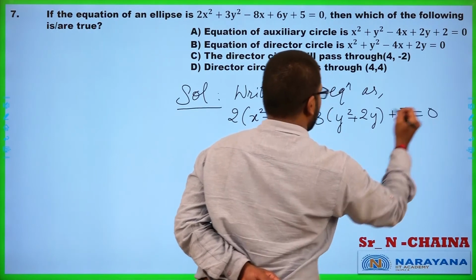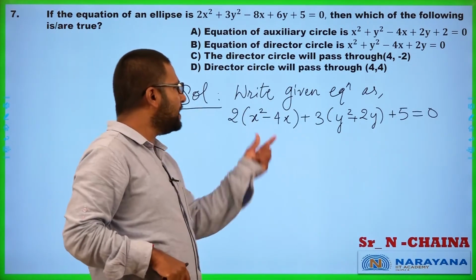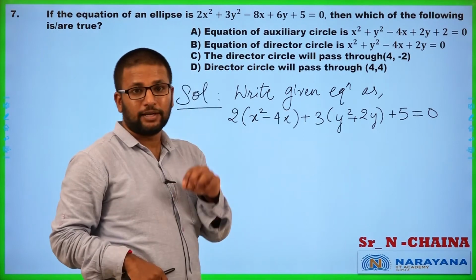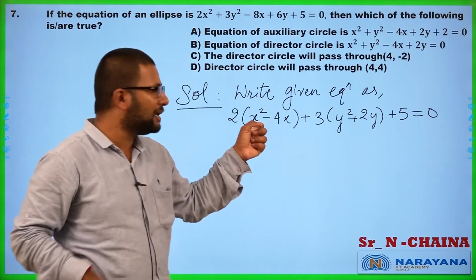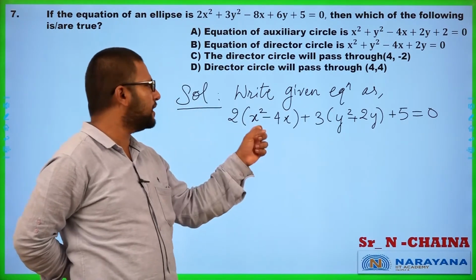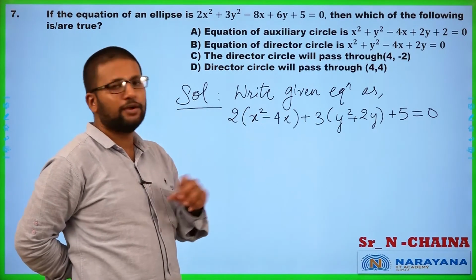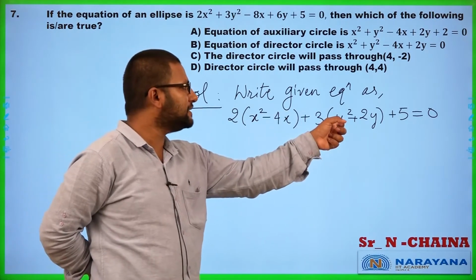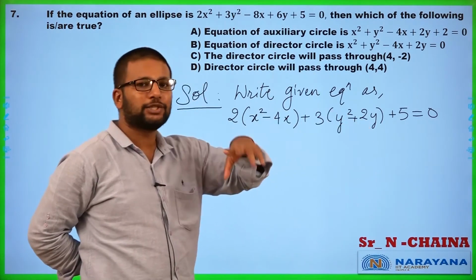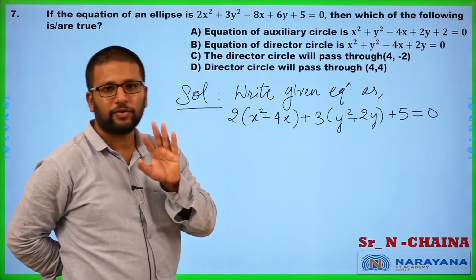and then there is a plus 5 equal to 0. Why are we writing like this? Because now I know I need to make this into a perfect square. So look at this and tell me which number do we need here? If this is a square minus 2ab, we need b square, which would be 4, correct? Similarly, if this is a square and 2ab, we need b square, here it will be 1, right?